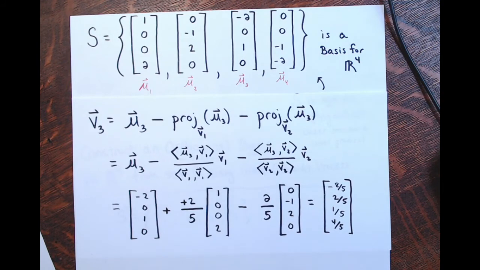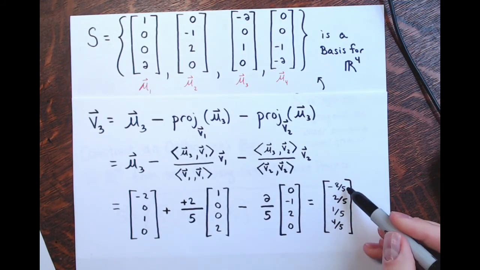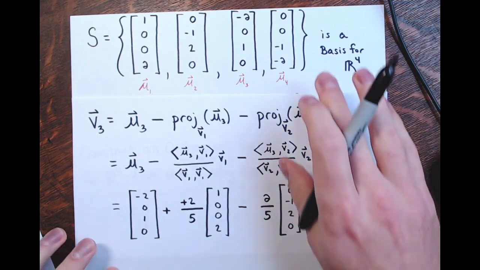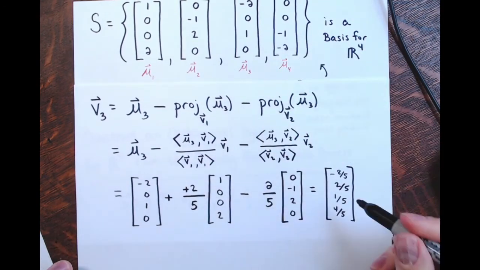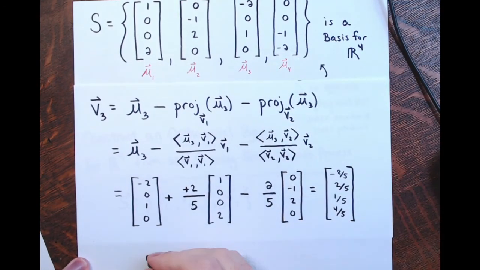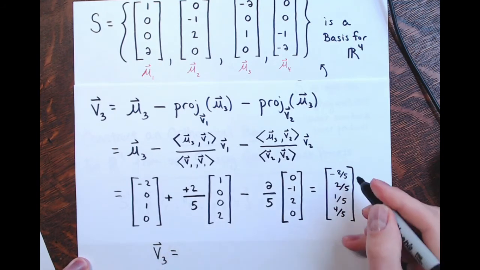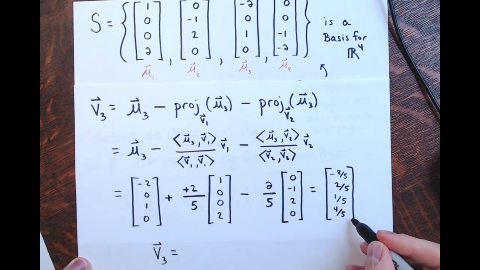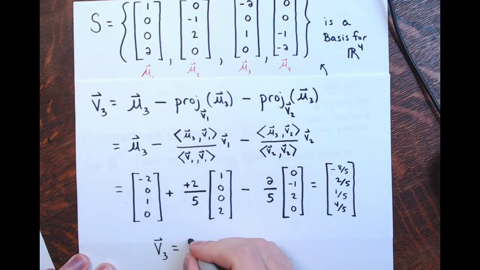All right, v3. Now, something I'm noticing about v3 is that all of the components have a common scalar factor of 1/5. I mean, you can use this, no problem. But just to make some calculations maybe a little easier later, I'm going to pull the fifth out.